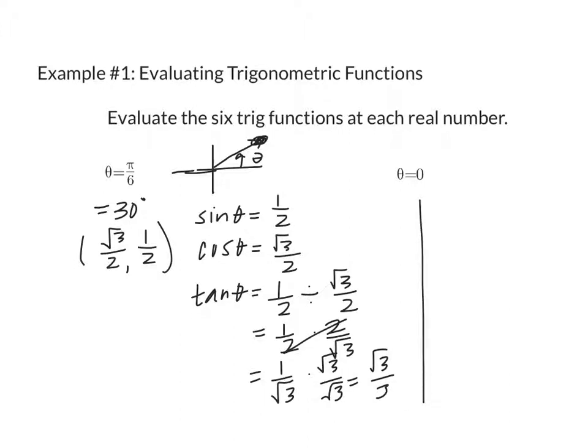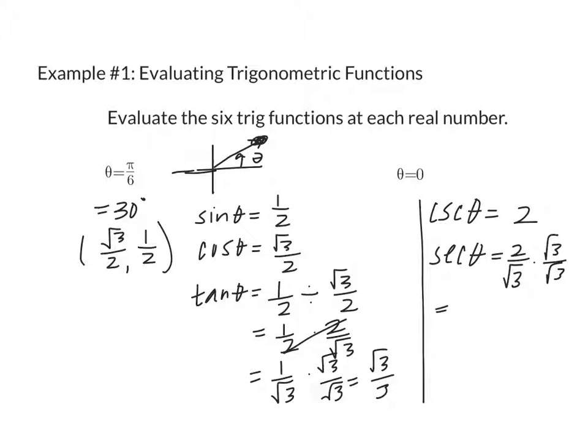So then we know the reciprocal functions. The reciprocal of sine is cosecant, so CSC theta would be the reciprocal of 1/2, which is 2. The reciprocal function for cosine is secant, so SEC theta would be 2 over the square root of 3. However, again, we don't leave radicals in the denominator, so I'm going to multiply by square root of 3 over square root of 3.